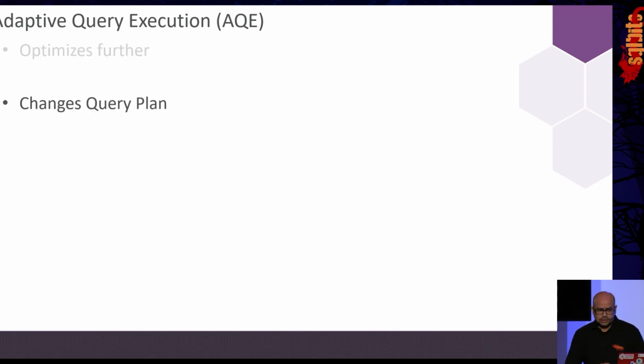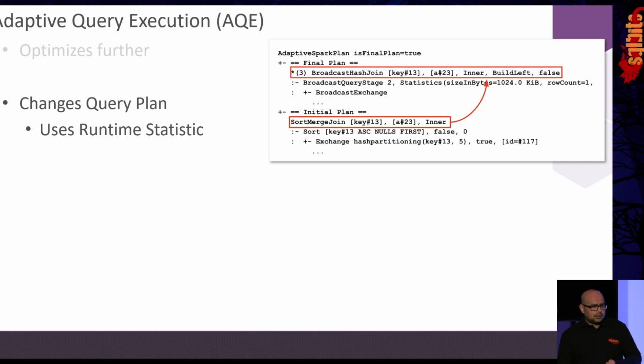Essentially, what this is going to do is change your plan at the time of execution. It's going to use real-time statistics to determine a better approach than what it might have thought it was going to do as part of that physical plan. Because it now has the data and knows what the data size is and what it looks like, it can change the plan.